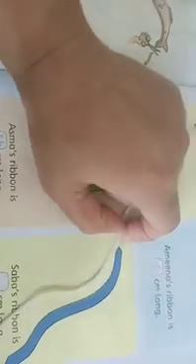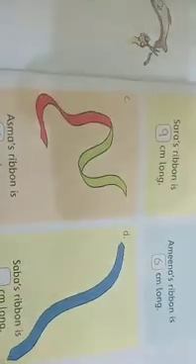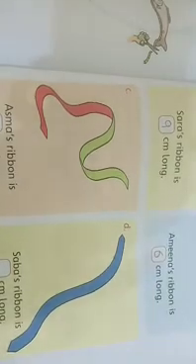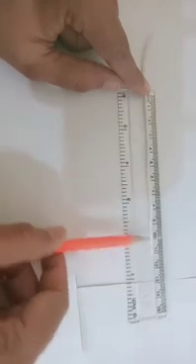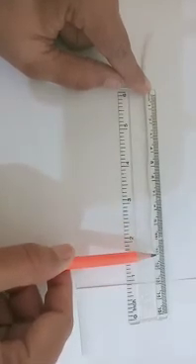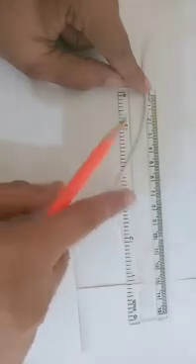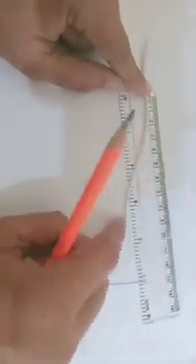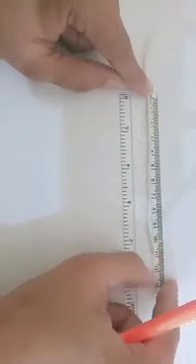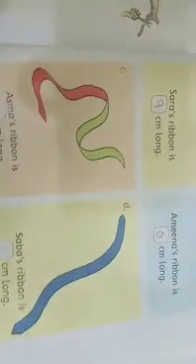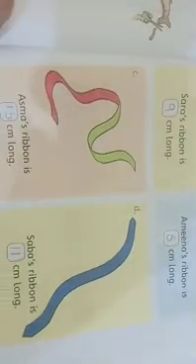Now I am going to put it on the cm scale. After cutting, look at this. 11 is written here. So we can say this is 11 cm. The length of this ribbon is 11 centimeter. We will write 11 centimeter, 11 cm. Write like this way.